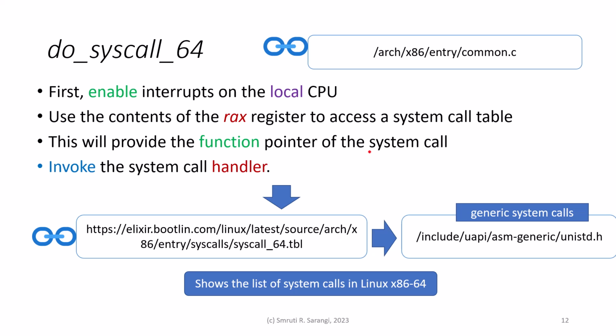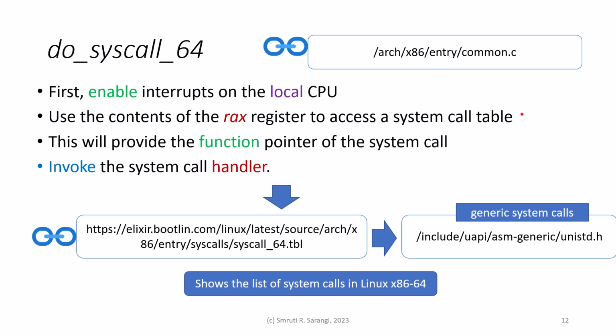So for do_syscall_64, the first thing that you do is that interrupts are enabled on the local CPU, because there is no point in having an unresponsive system. This is why, as soon as the state is saved, interrupts are enabled.